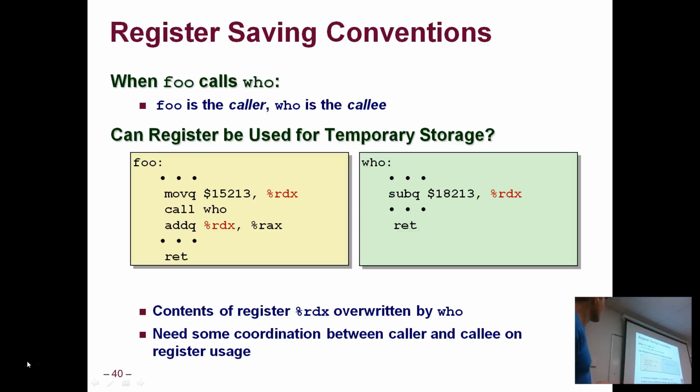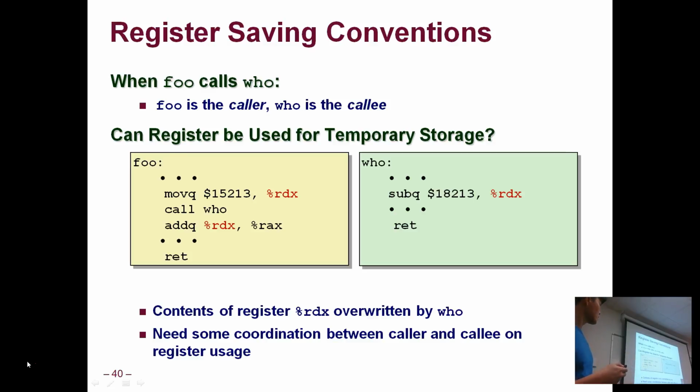Okay. So let's talk about register saving conventions. We already talked about it briefly. Can a register be used for temporary storage by the callee? So for example, foo is using RDX, it calls who, and who is sitting here using RDX as well. So what determines whether or not a callee can use a register given to it by the caller?